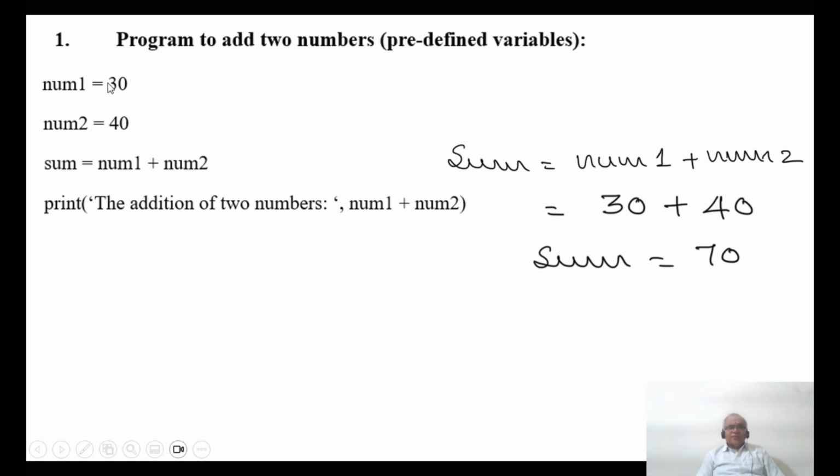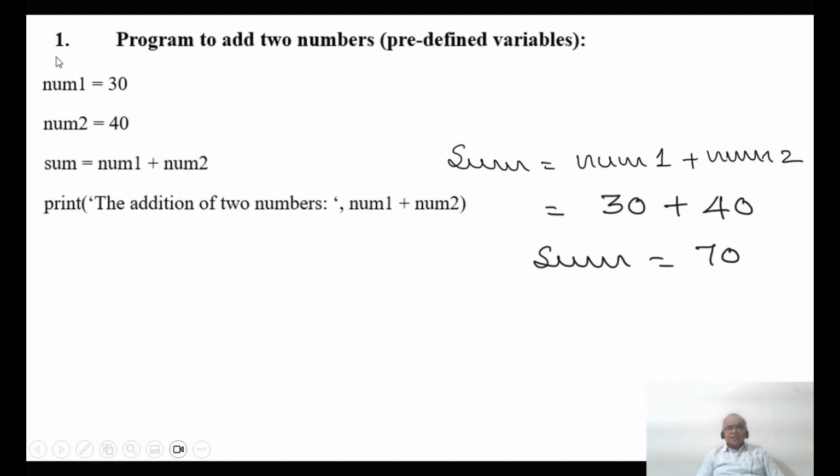So what it does is it takes the value of num1 is equal to 30 and the value of num2 is equal to 40. Then the addition of two numbers, colon, key within the quotes, comma. One way of writing this is you need not write this statement. Instead, we can do it directly by considering the addition of two numbers, say num1 and num2.